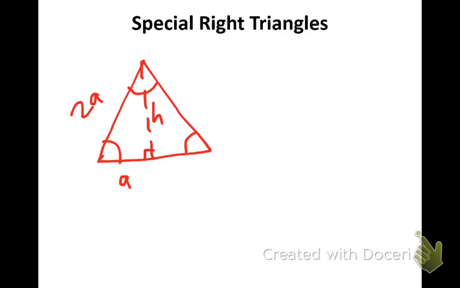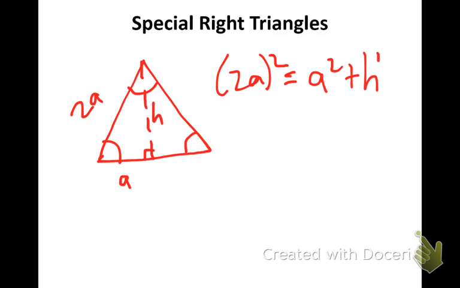If I do the Pythagorean theorem on this, the hypotenuse is 2a, so we'd have 2a squared is equal to, we're doing half the original triangle, so a squared plus h squared. I multiply everything out, so we'd have 4a squared equals a squared plus h squared.